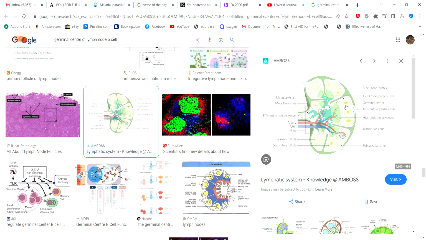So these are the germinal centers in the lymph node, right? B cells are normally accumulated here in the germinal center, and you don't have B cells in SCID. So these germinal centers will be absent, and T cells are normally in the paracortex. Where is the paracortex?